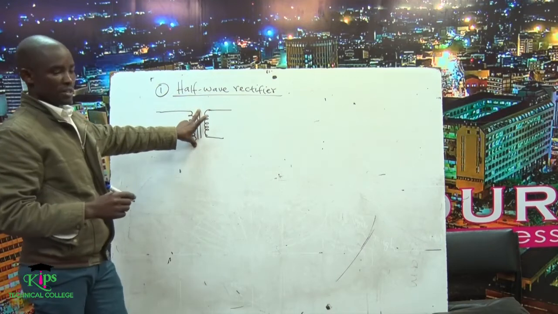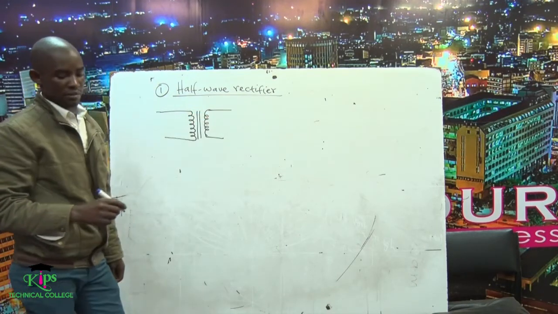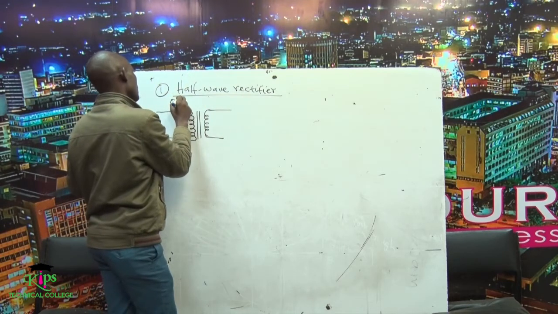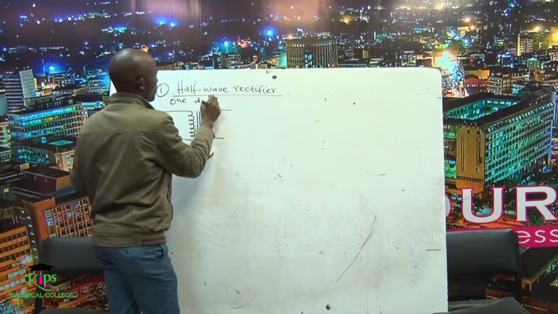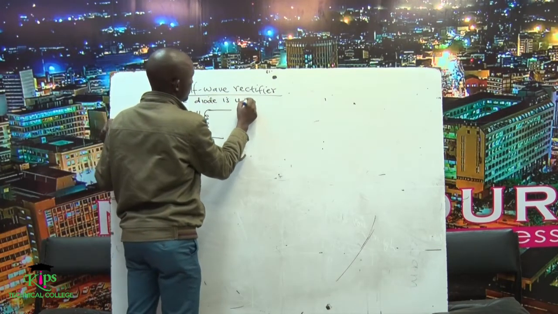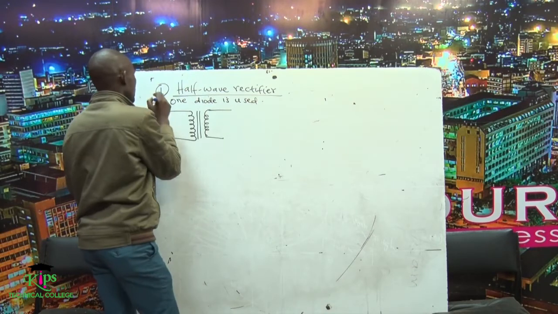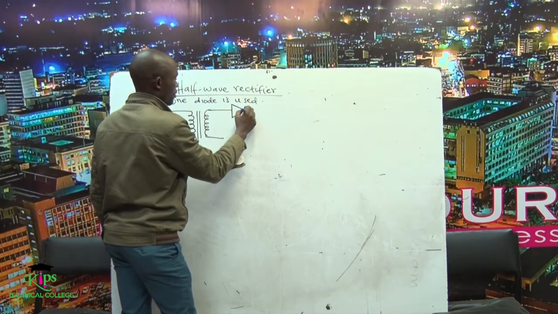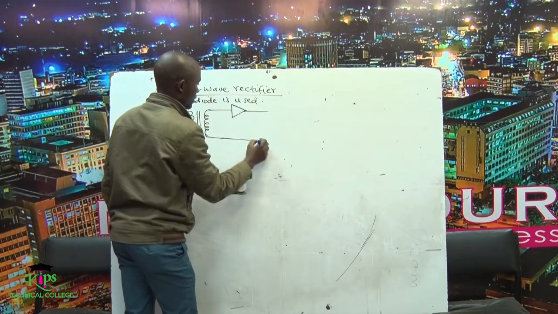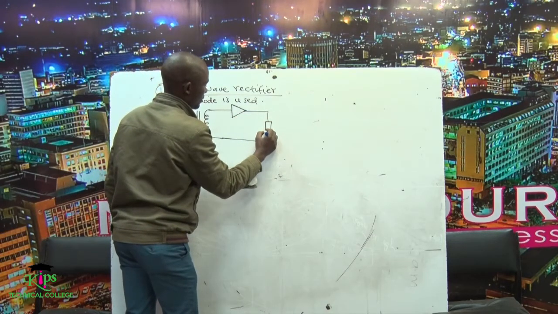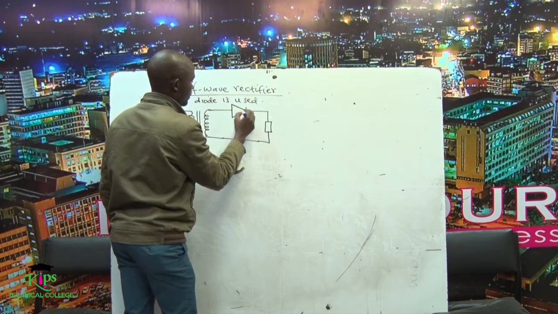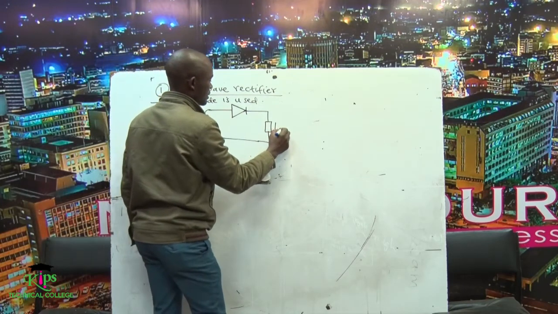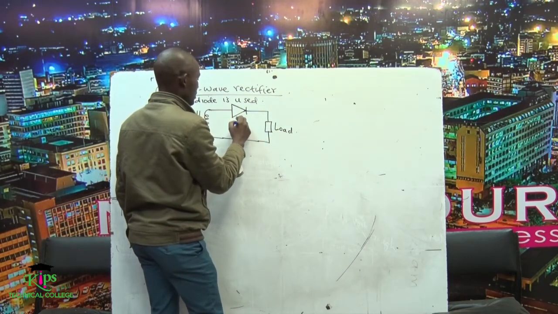After you have moved from the transformer, you now go to the rectifier circuit. Remember, in half-wave, one diode is used. That is the most important point that you need to understand. So we are going to connect the diode at this point, and then we put our load here. For purposes of explanation, let us say this is the load and this is the diode.